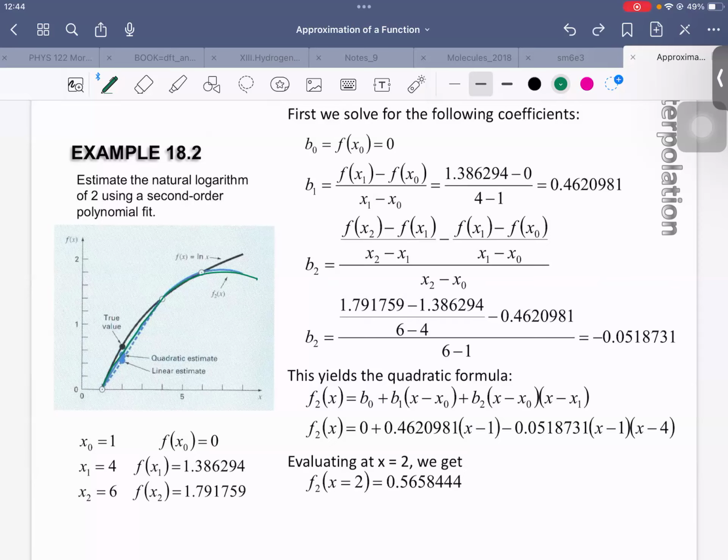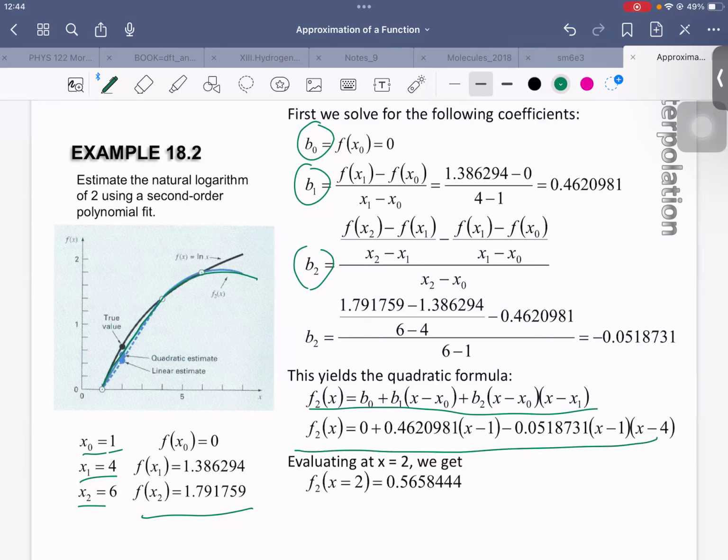Now, listing all the values that you need, x0, x1, x2. Then this is still the same as before. Then we have equations for B0, B1, B2. Getting those values, you just substitute into the standard equation. You have that particular equation, and for the estimate of our function, you replace x with 2, and you have this.